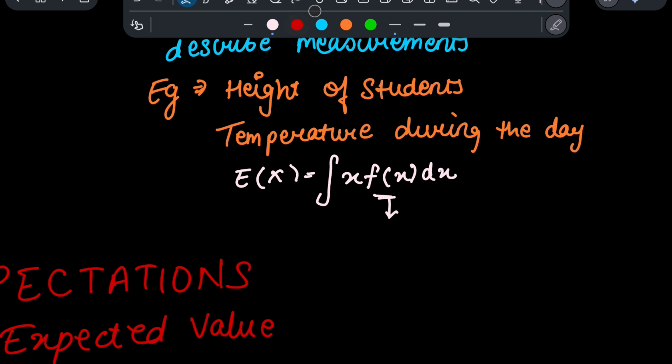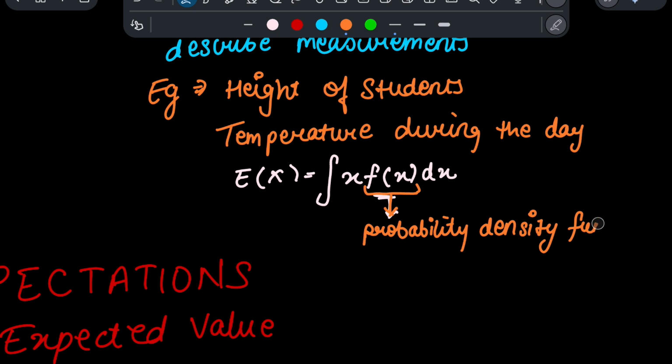The expected value is represented as E(X). For example, if waiting time is uniformly distributed between 0 and 10 minutes, the expected waiting time is 5 minutes.